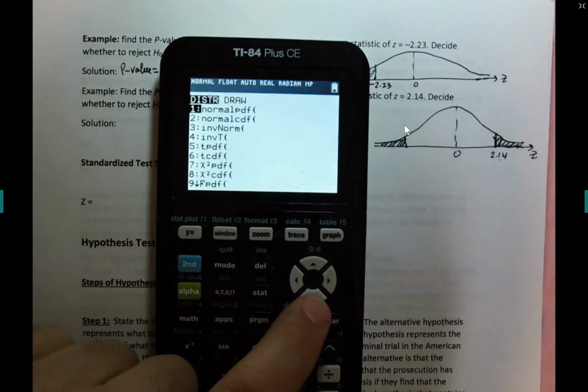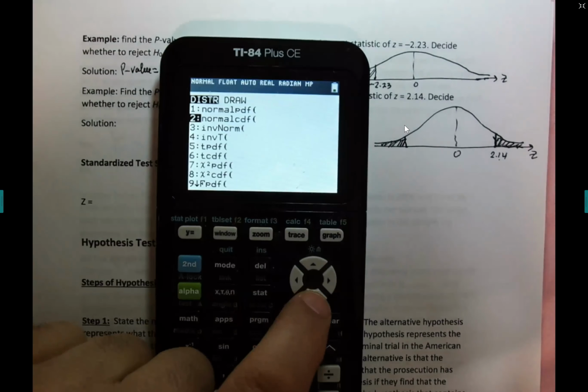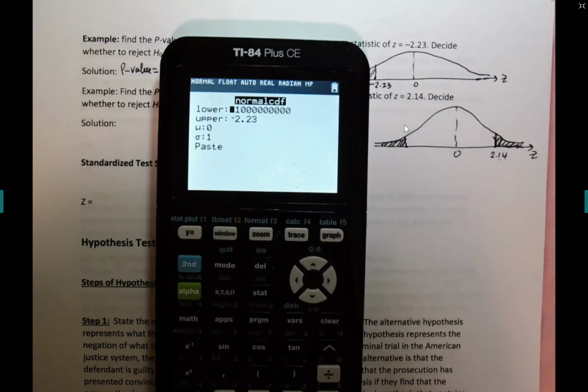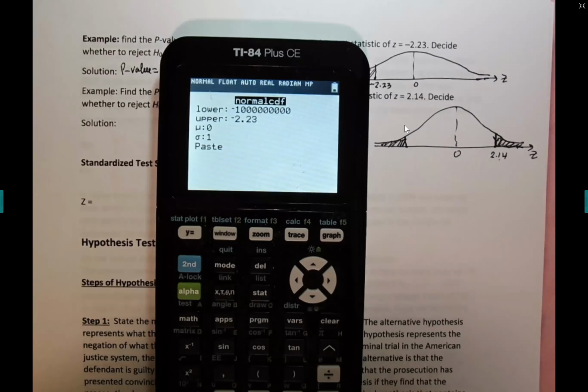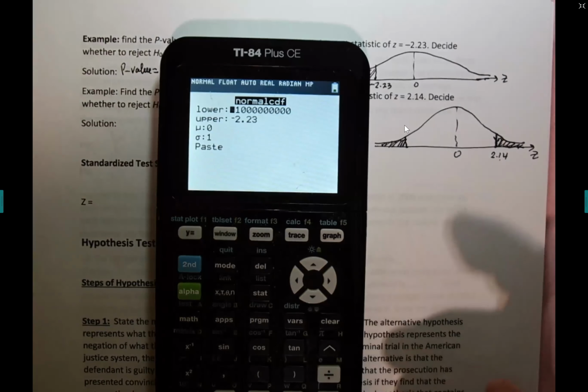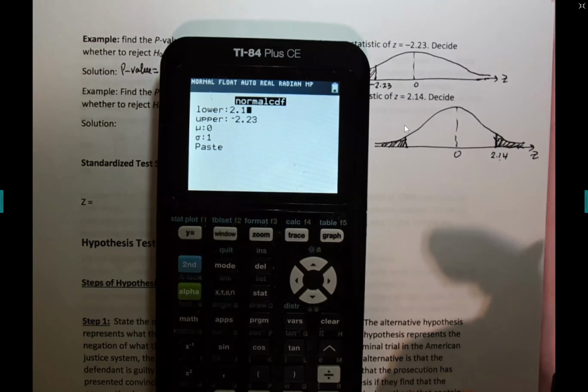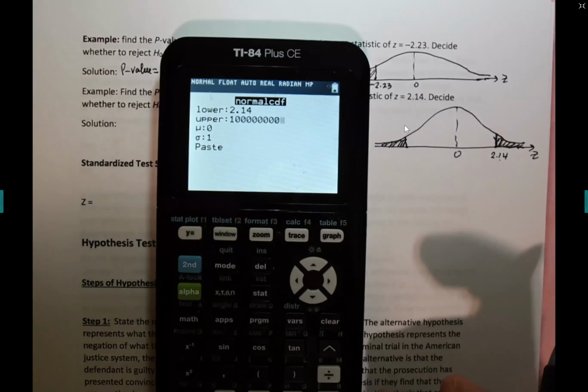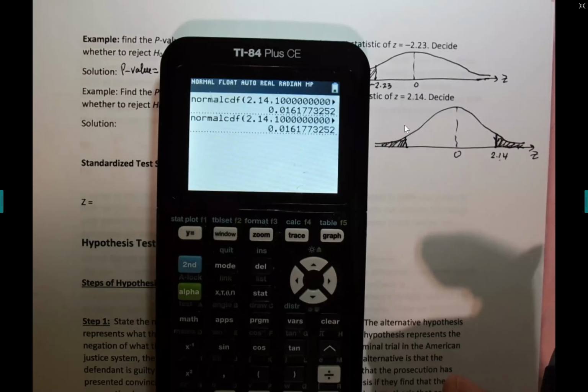So watch, guys. Normal CDF. When do you use the normal CDF? If he doesn't ask you to perform a test and it just asks you a question like this. But usually you're going to get the p-value out of the test. 2.14 is the lower bound, and this is the upper. Put as many 0s as you want, it doesn't matter, guys. 0.0162.